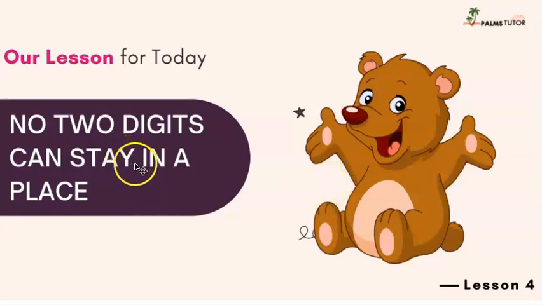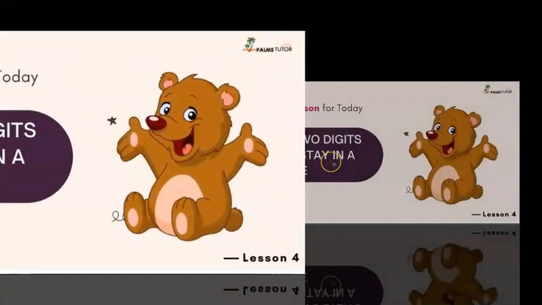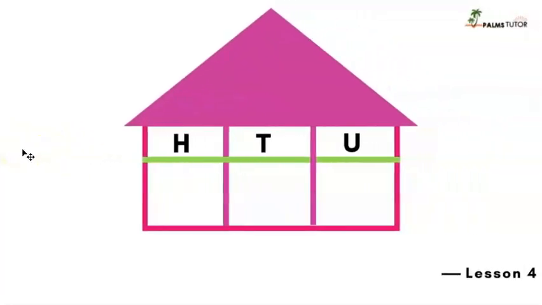No two digits can stay in a place. Never. What does that mean? We cannot have 10 units. 10 units is already a 10, so we send that 1 ten to the tens place.